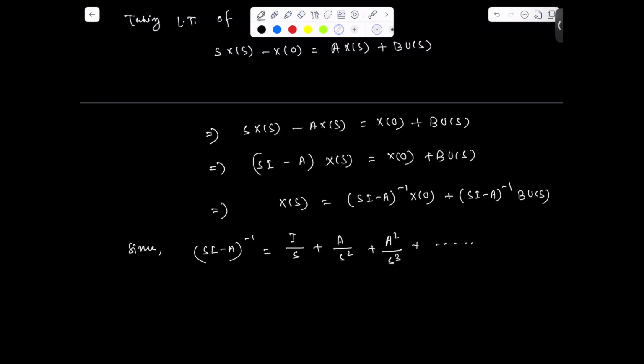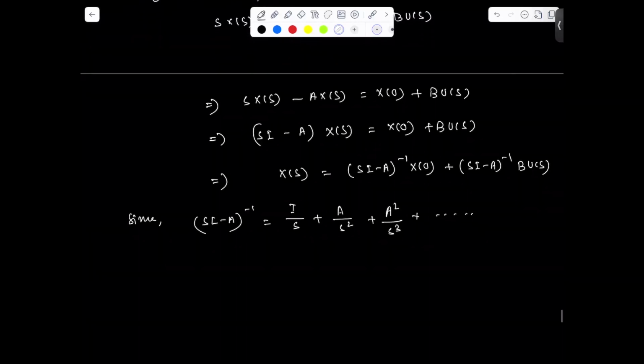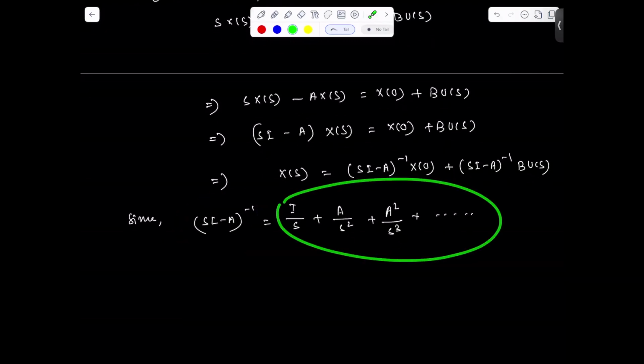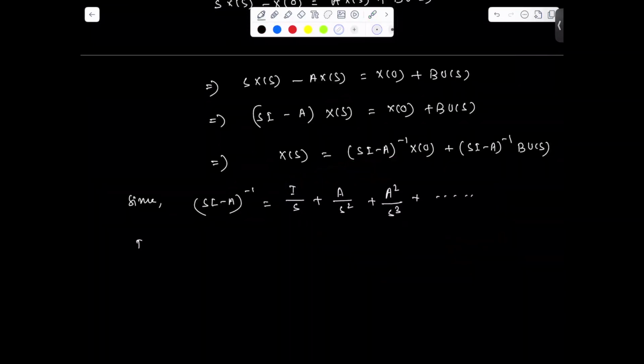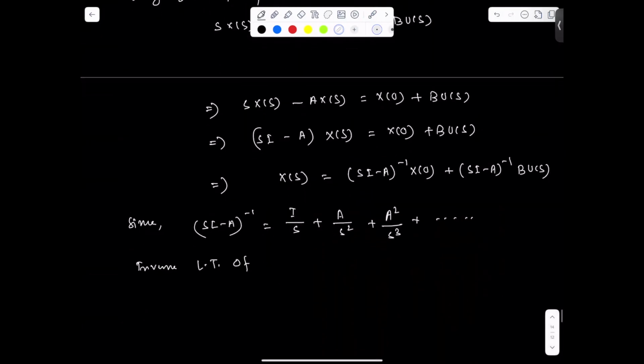So now, if we take the inverse Laplace transform of this whole equation, let me define this as equation 2 and this as equation 3.